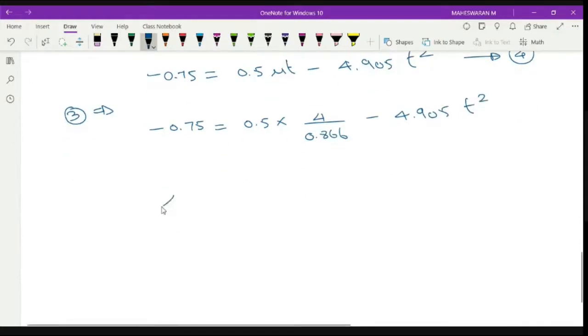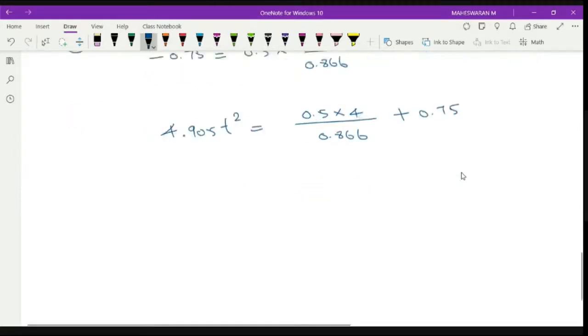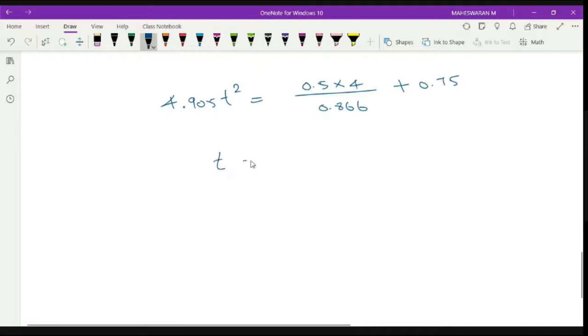So I can rewrite 4.905 t square is equal to 0.5 into 4 divided by 0.866 plus 0.75. Can you identify the value of t? 0.789. So we are getting 0.789 seconds. This is my value of t.